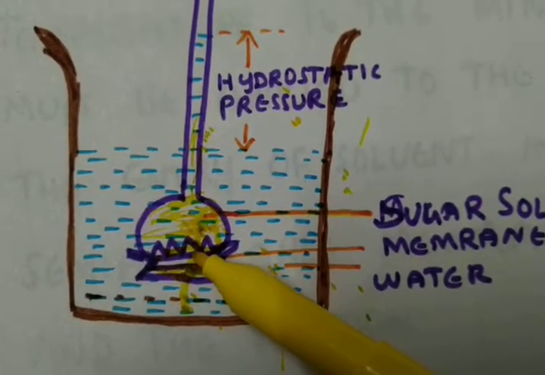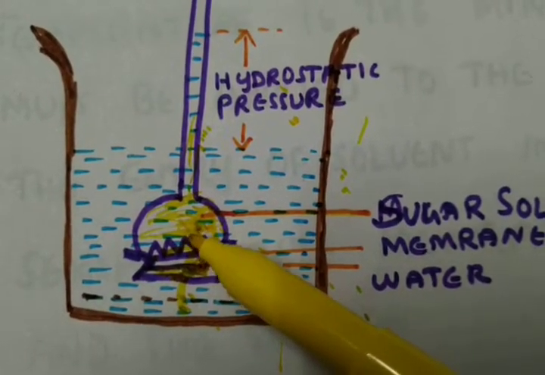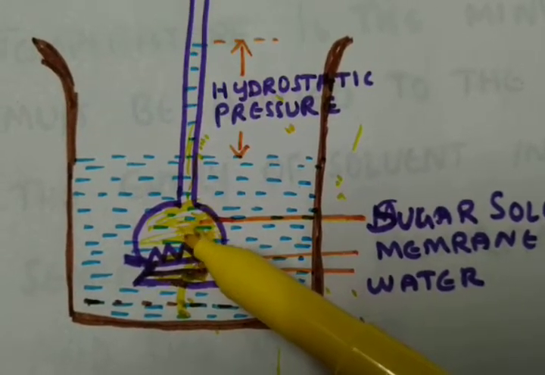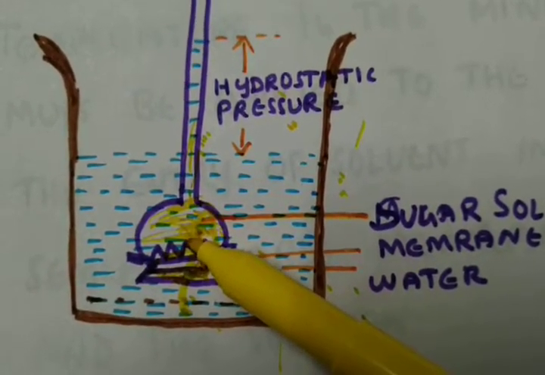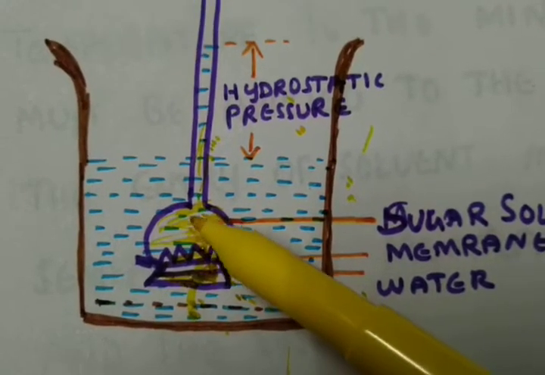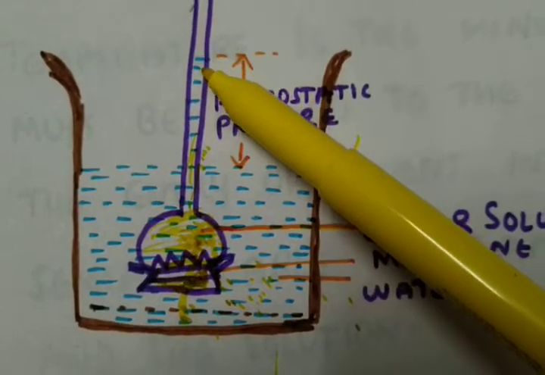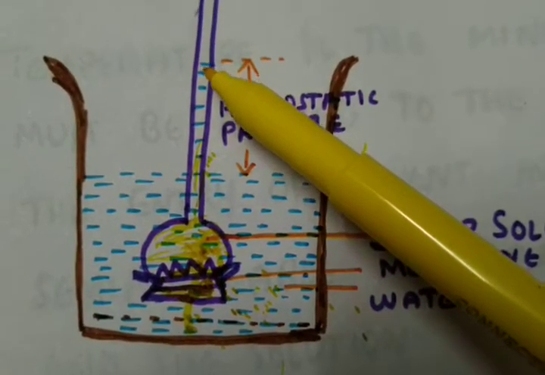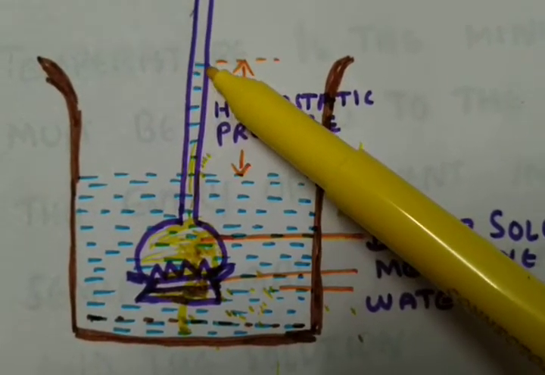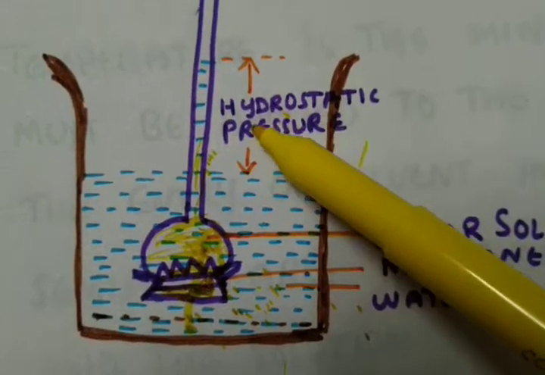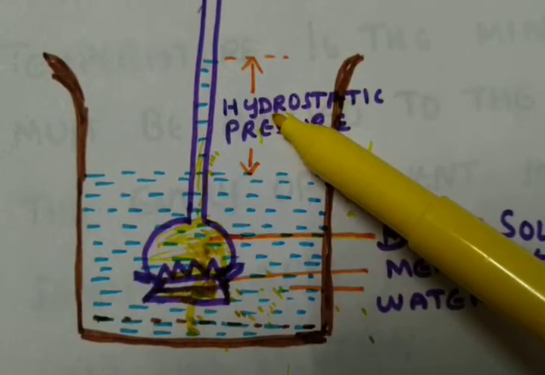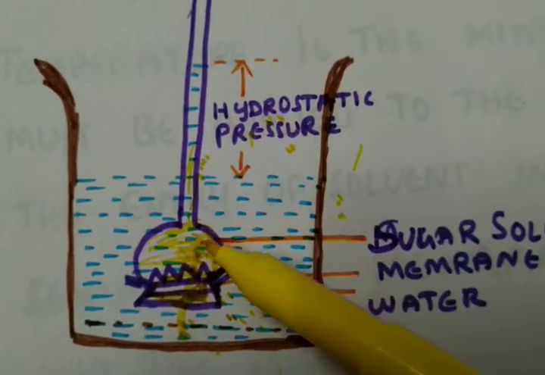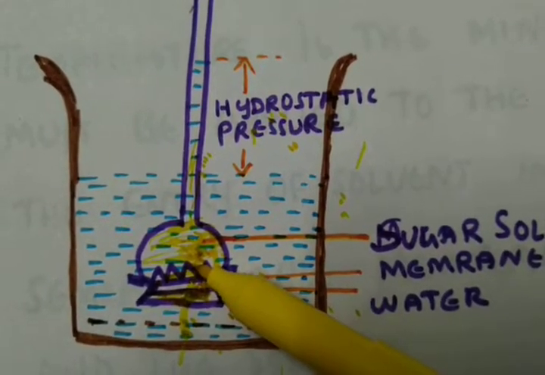Here a pressure occurs, that means the level of the solution in the funnel gradually rises due to osmosis. This continues until the excess hydrostatic pressure developed in the solution is sufficient to stop osmosis.